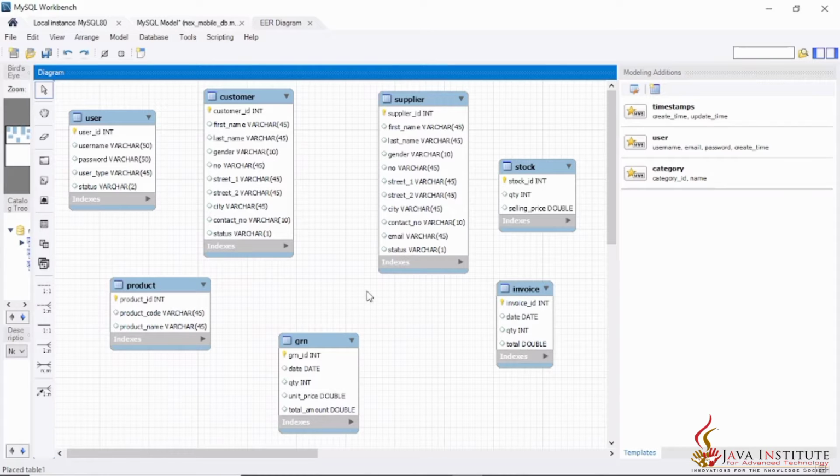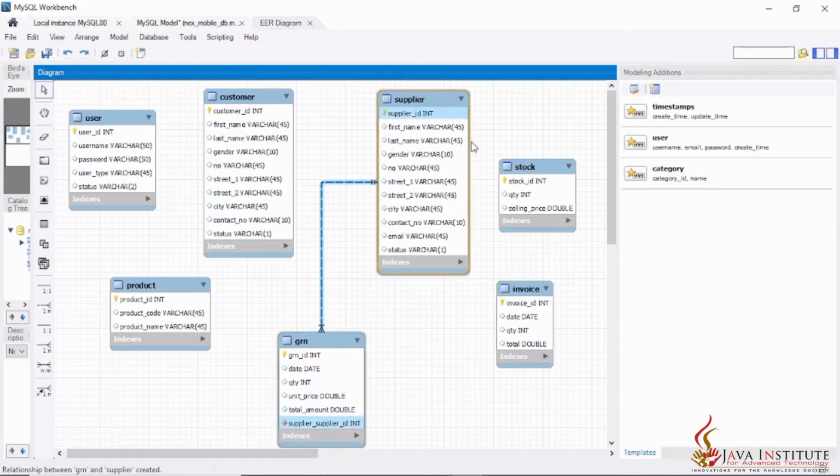So we have to create a one-to-many relationship between those two tables. I am clicking the one-to-many relationship, for the many table and then the one table. So this is how I have created the relationship between the supplier table and the GRN table.